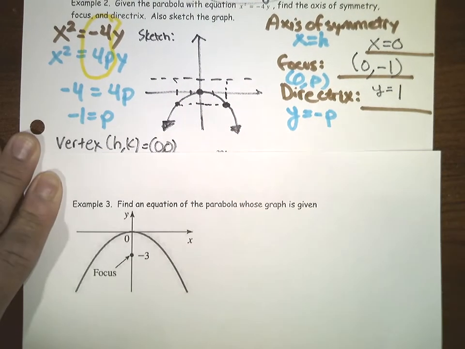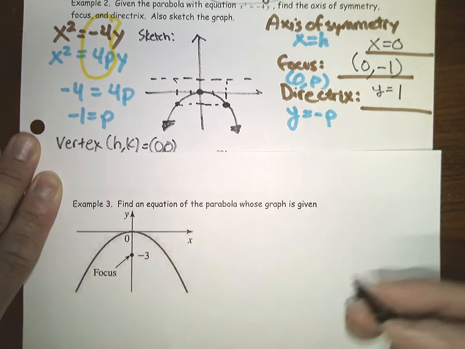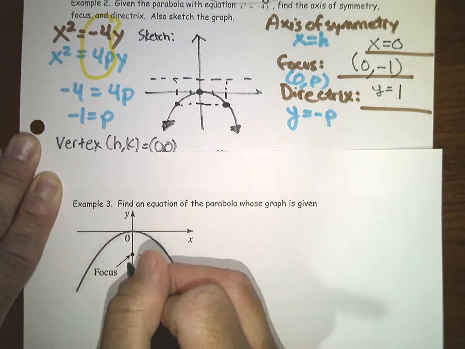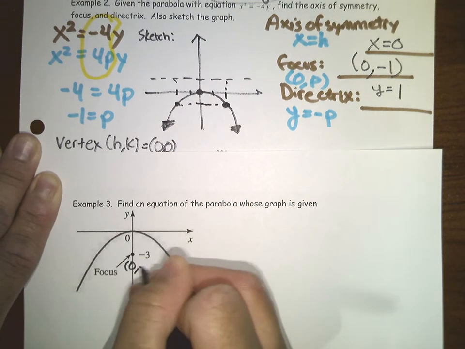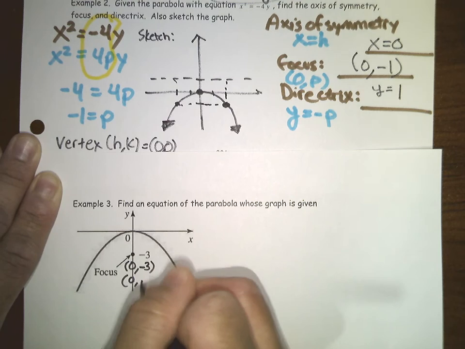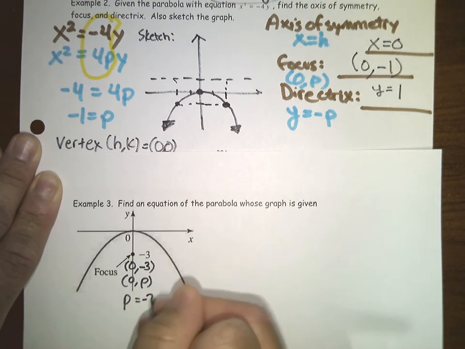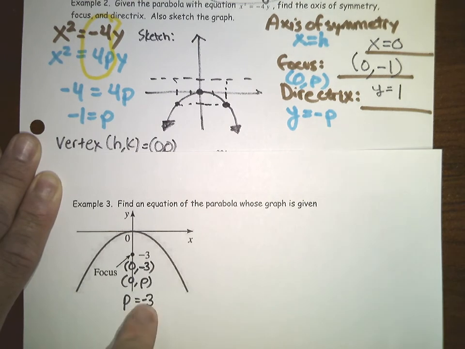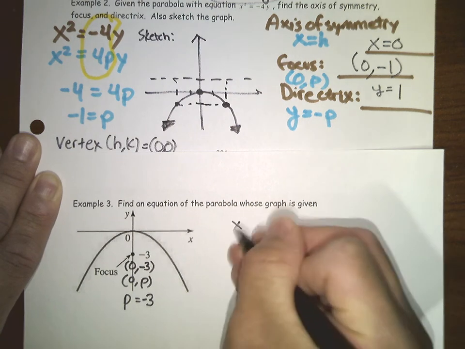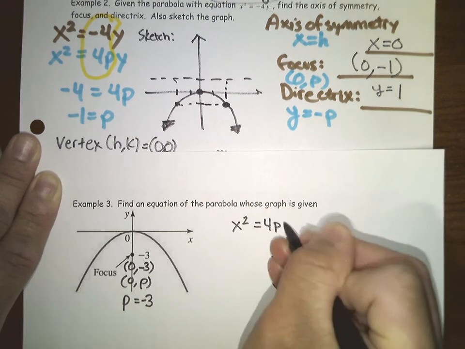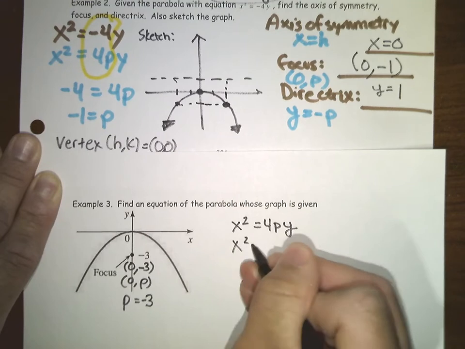So find an equation of the parabola whose graph is given. So the focus is at (0, negative 3), and that's (0, p). So p is negative 3, and we know that p needs to be negative since this opened downward. So then the equation is x squared is 4py. So p was negative 3.